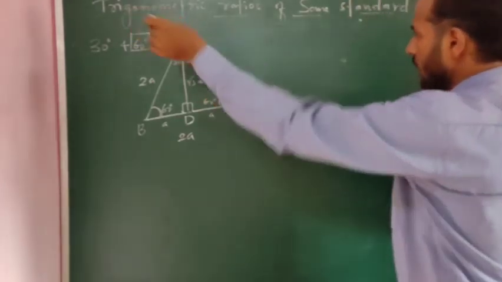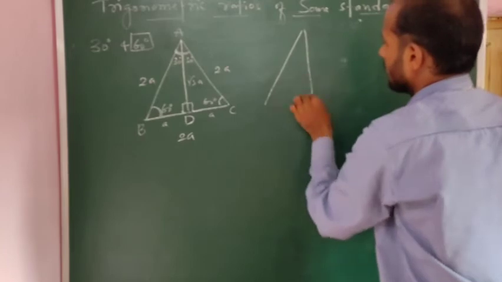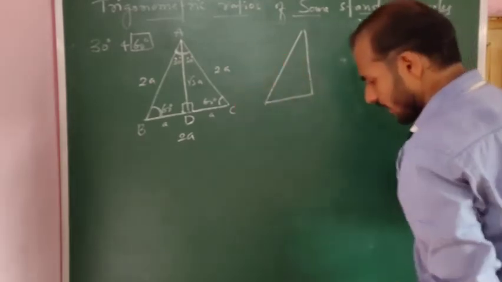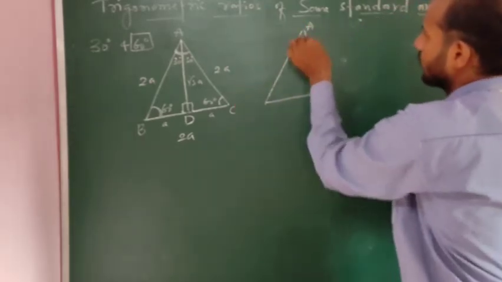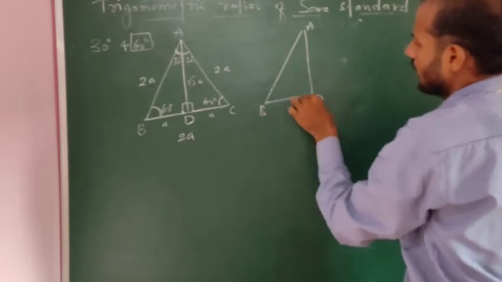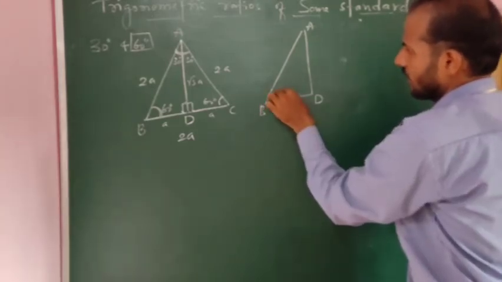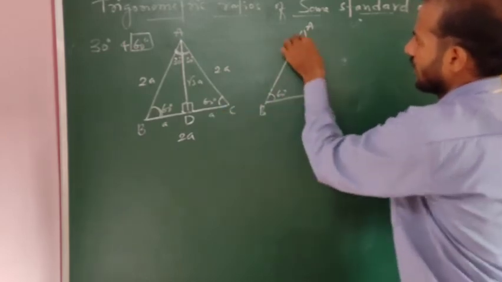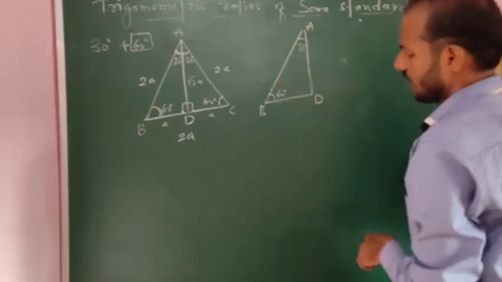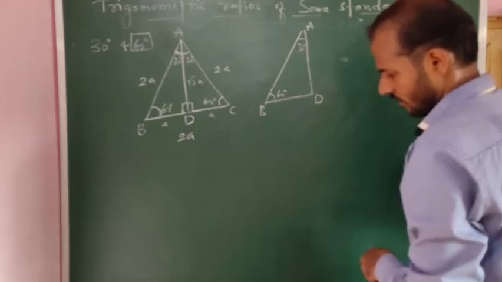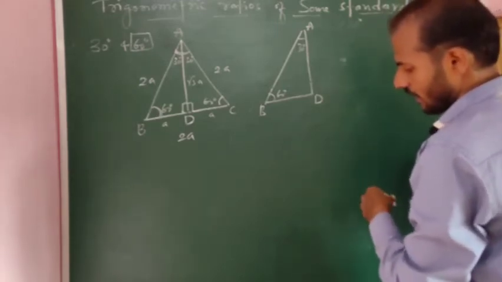Next let us consider triangle ABD. Angle B is 60 degree, angle A is 30 degree, and angle D is 90 degree, right?